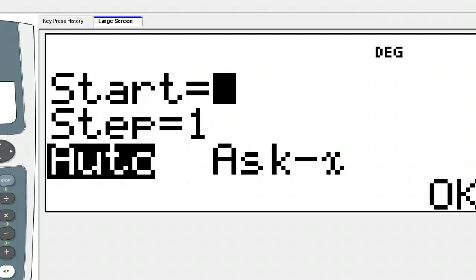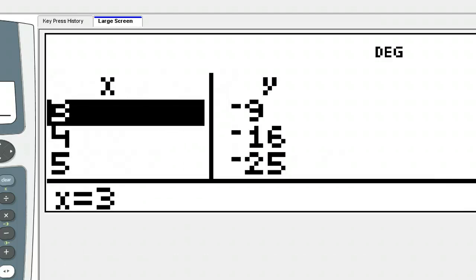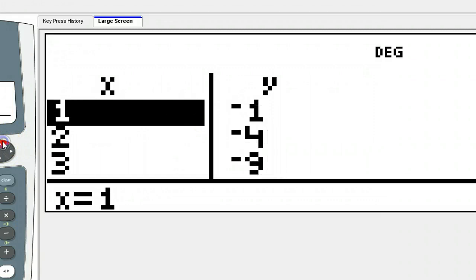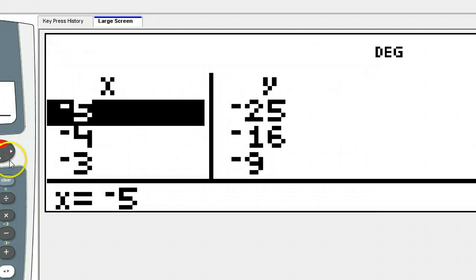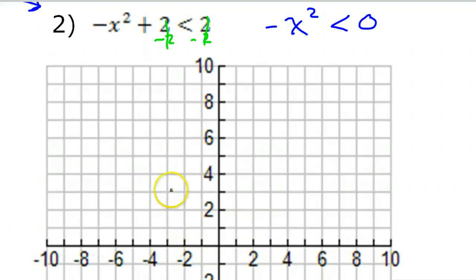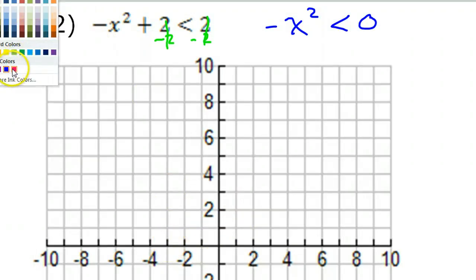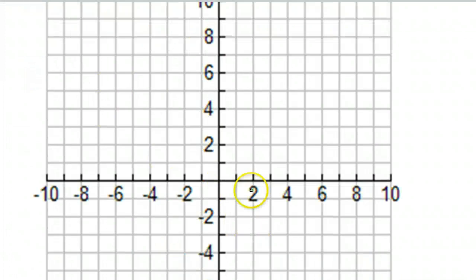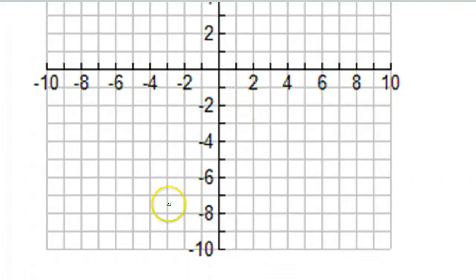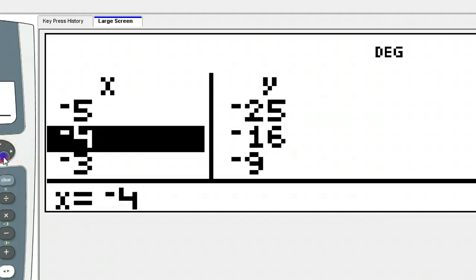-x squared. Just going to take it from the top. Whoa! Alright, -3, -9 is my first point. Okay, so -3, -9. It's going to be right here. And let's just go from there.